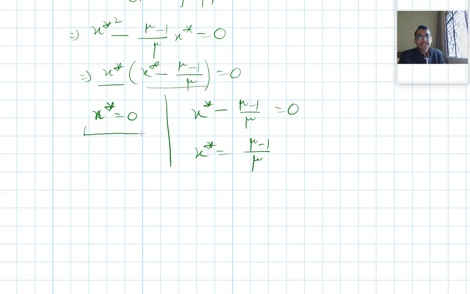Let us denote the 0 value by x dagger. So now we are getting two values of x*: one value is x dagger, which corresponds to 0, and another value is x*, that is (mu - 1)/mu. This is just to differentiate these two values, otherwise there is no need to take x dagger. So these are the two values.